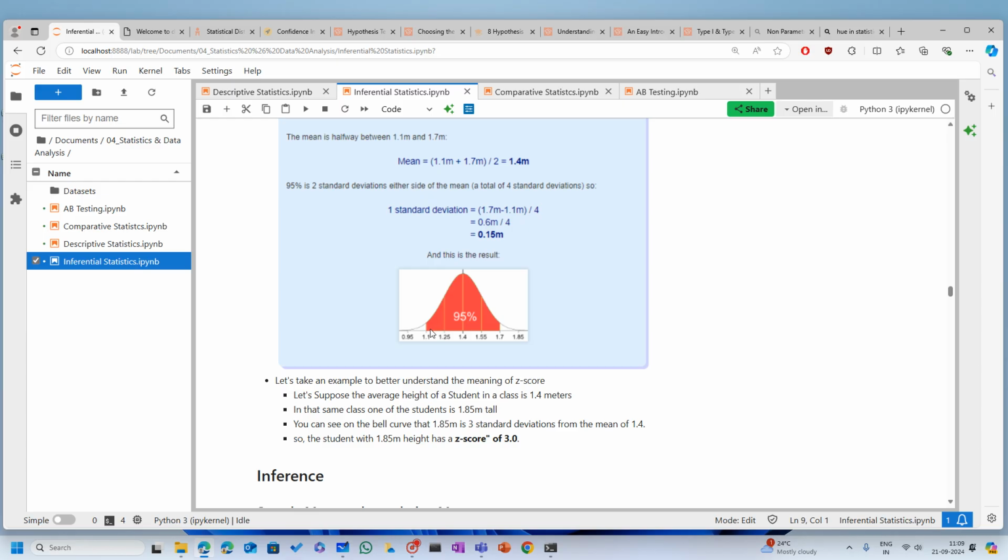So the Z score can have values like -3, -2, -1, and 1, 2, 3. Actually it can even have values beyond that. That is for 99 percent; if the data point is lying outside this range, yes. Okay, thanks for clearing.